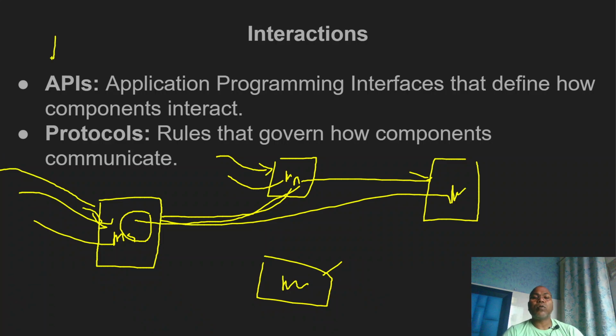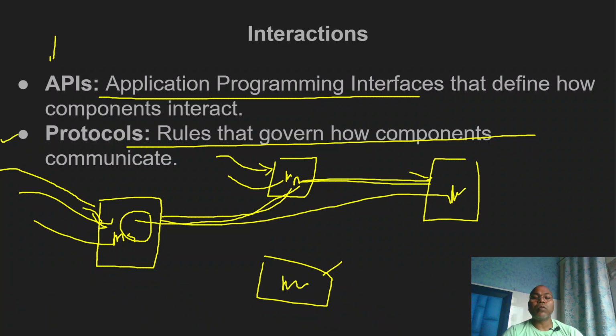Generally we talk about the application programming interface, how components are defined and interact. And whenever any communication interaction happens, the next point is the protocols, the rules that govern how communication happens. So whenever one microservice calls another microservice and they are exchanging data.